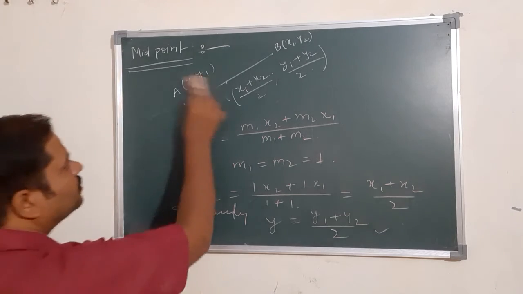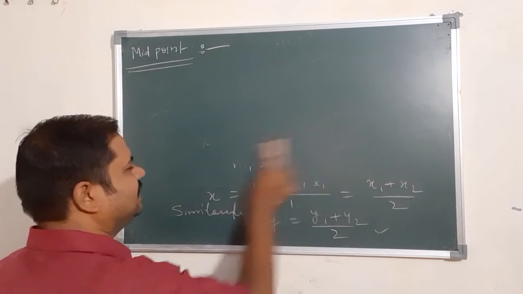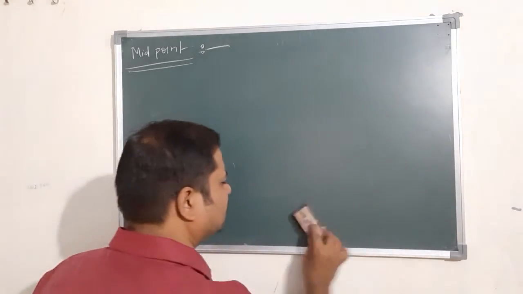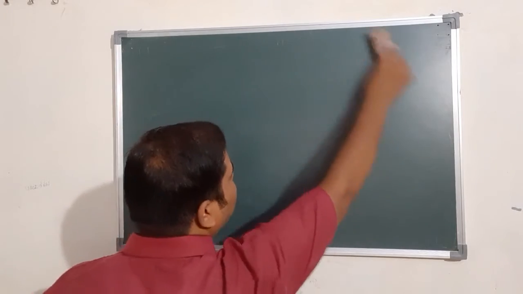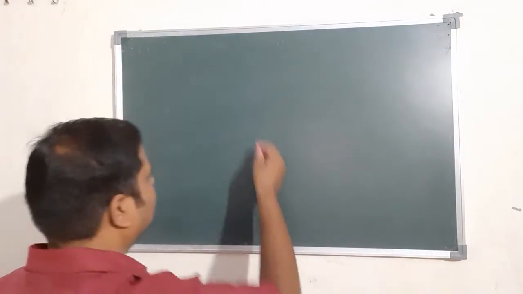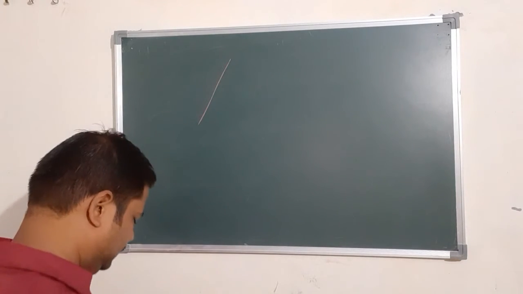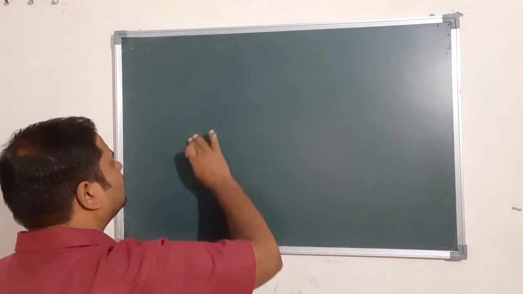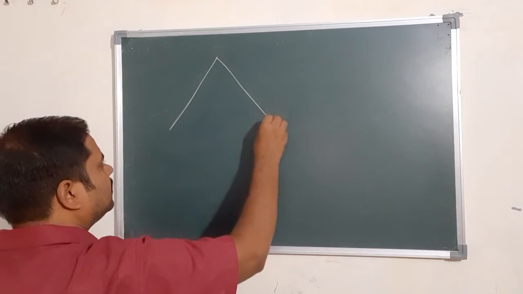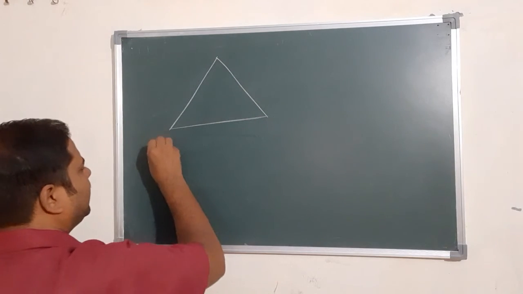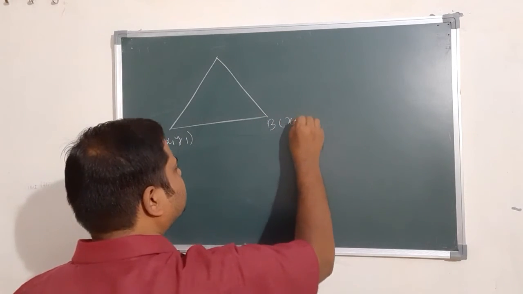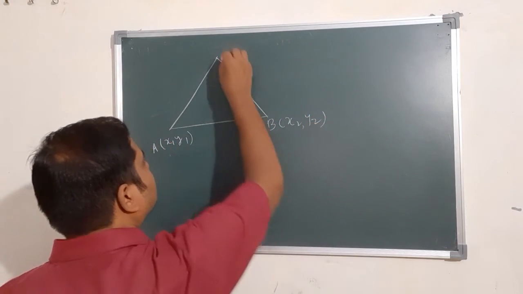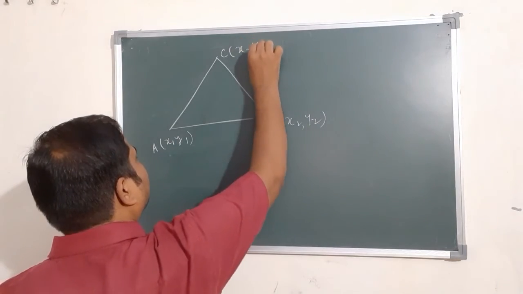Okay, now the centroid of a triangle. Suppose x1, y1, x2, y2 and x3, y3 are the vertices of a triangle ABC: A is x1, y1, B is x2, y2, C is x3, y3.